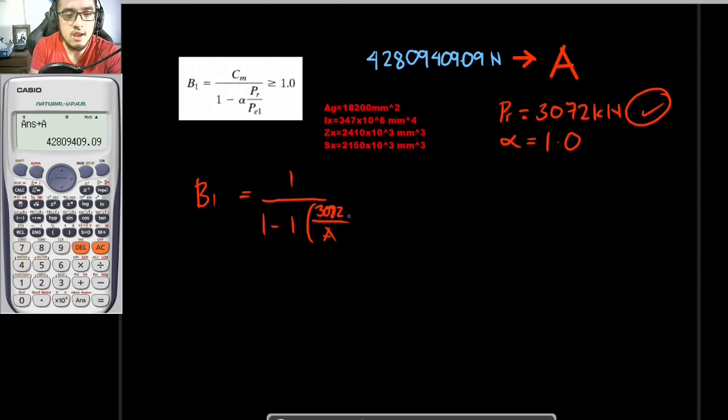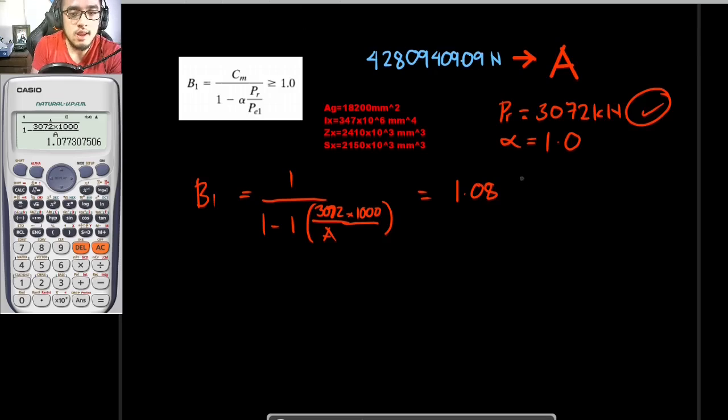But since this is in kilonewtons, multiply natin ng 1,000 para maging newtons siya. So, solving for this, our answer here would be 1 divided by 1 minus 3072 times 1,000 divided by alpha A. So, this is to be our magnification factor, which is 1.08.